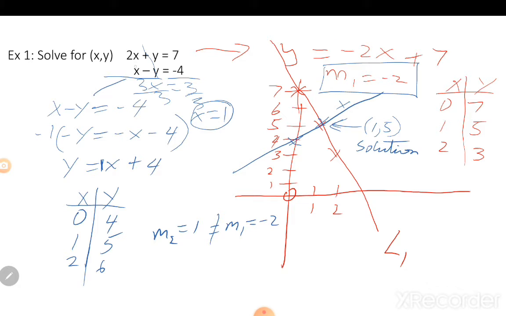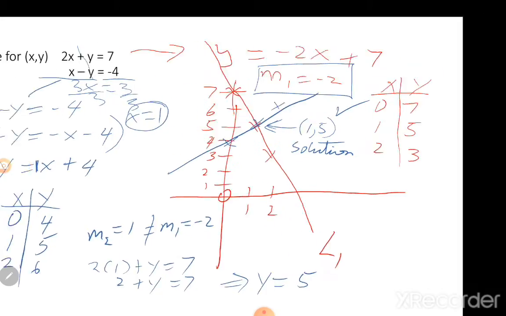Let's do it into the first equation. So 2 times 1 plus y equals 7. So you have 2 plus y equals 7. Subtract 2 from both sides, and we get y equal to 5, which matches our solution here. Okay, so you can do it both graphically and algebraically. You get the same answer.